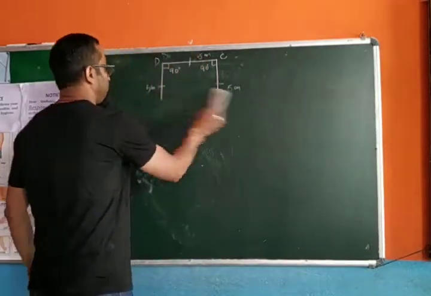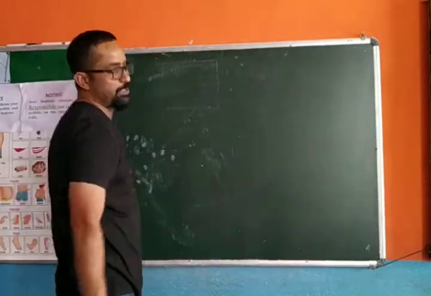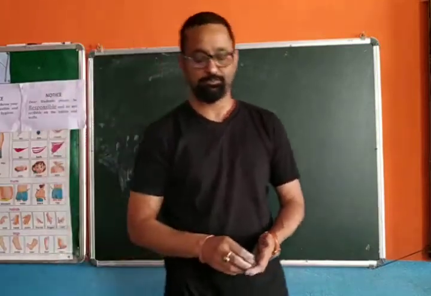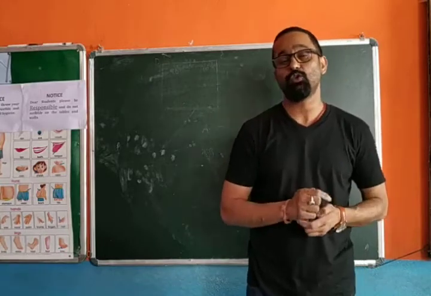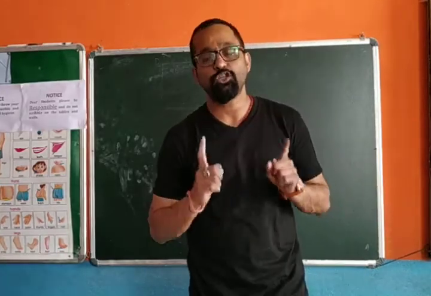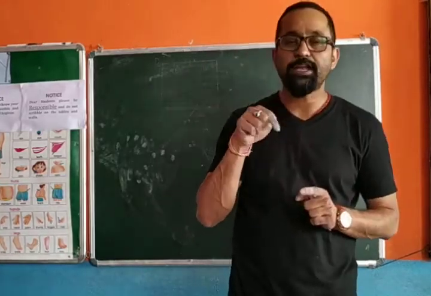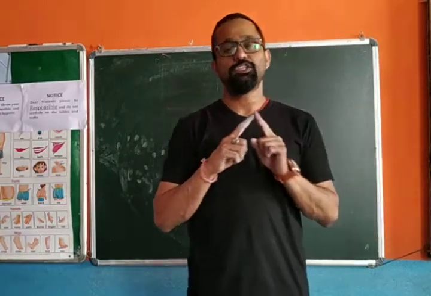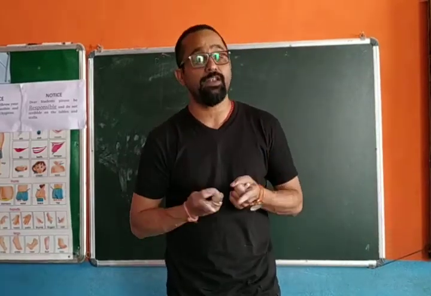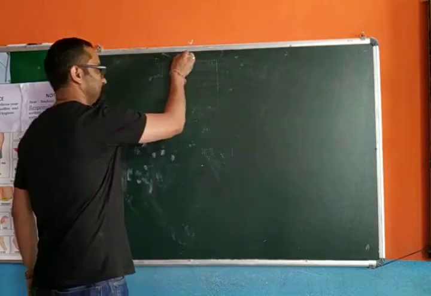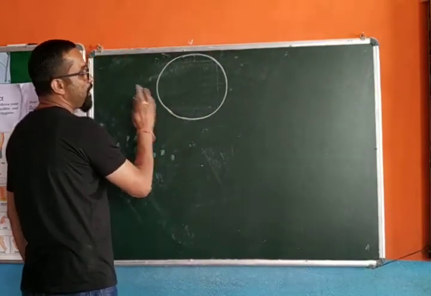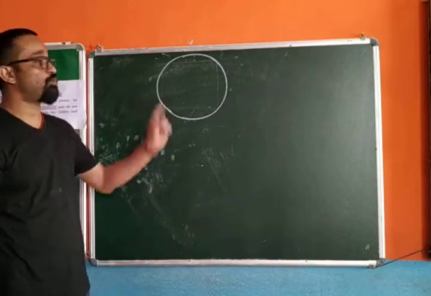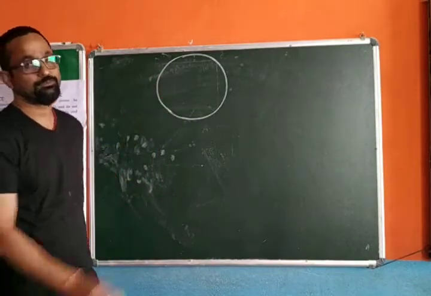The fourth closed figure is the circle. A circle is another plane closed figure, not bounded by straight lines. A circle is bounded by curved lines. A plane figure which is bounded by curved lines is called a circle.